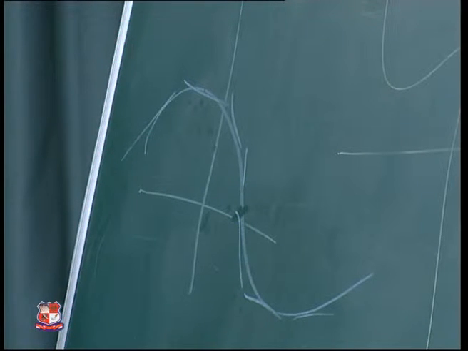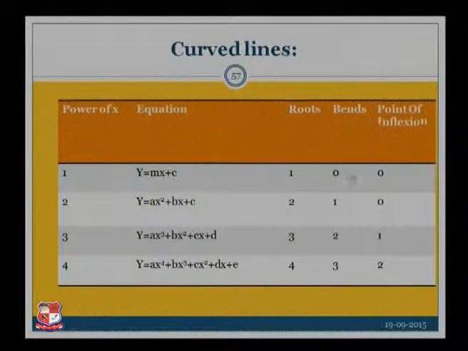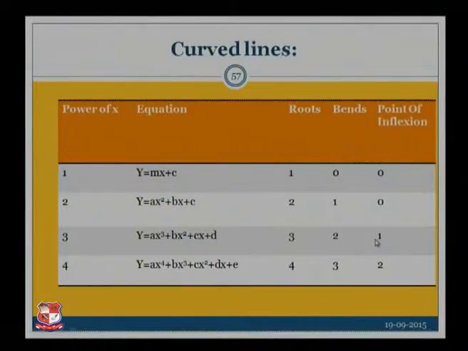And I have given this: y is equal to m x plus c, here the root is 1. For a x square the roots will be 2 and there will be one bend. For a x cube plus b x square plus c x, it is 3, 2, 1. Here you see only when the power is 3, this point of inflection comes.